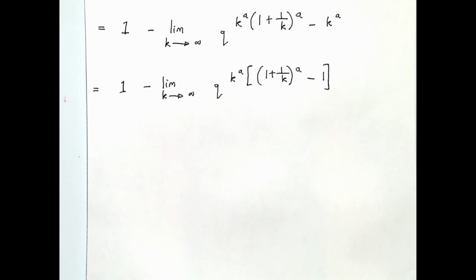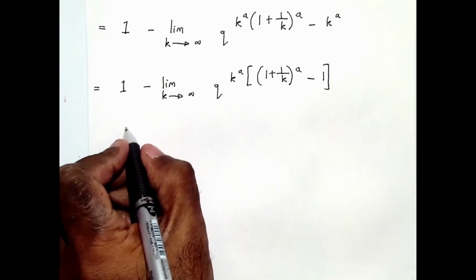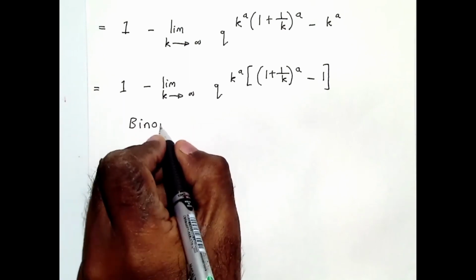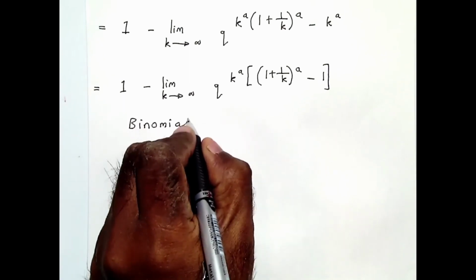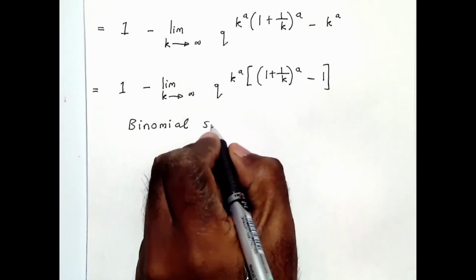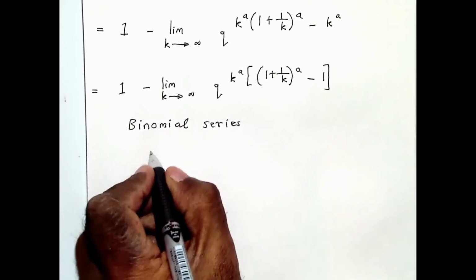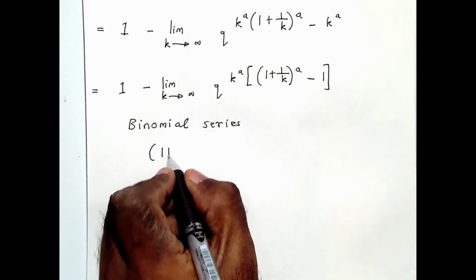Right, in the next step, I'm going to use a result which is known as the binomial series. I don't know whether you know or not, so in case you don't know this, I will write it down. You should have learned this in year 1, I think. The binomial series says the following.